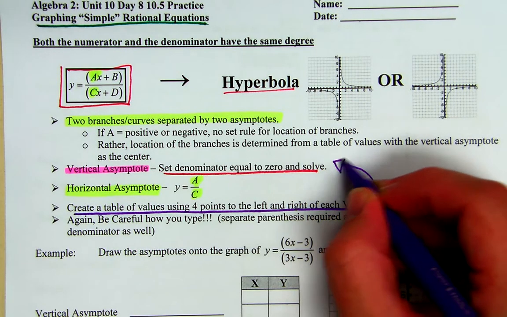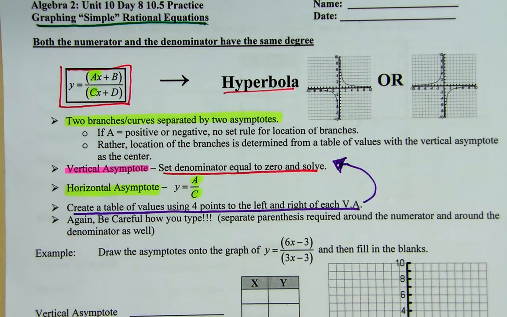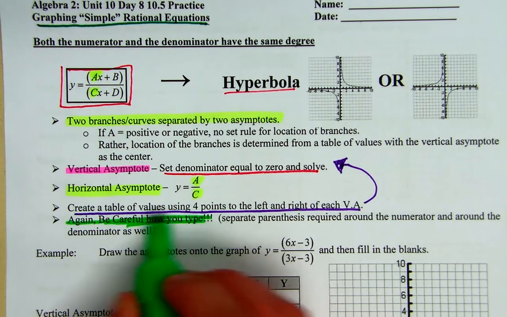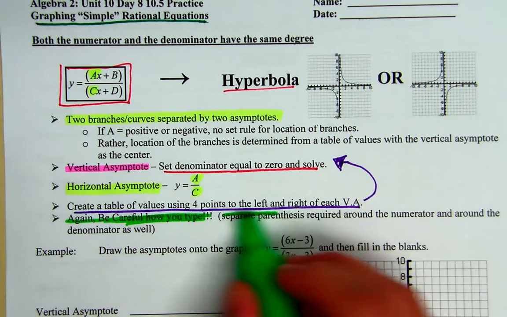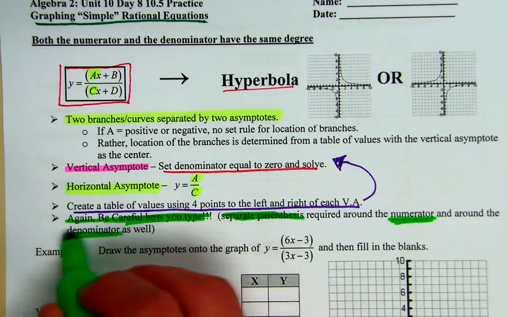Finally, when you're graphing, just be careful how you type. You need to make sure that you use separate parentheses around the numerator and the denominator.